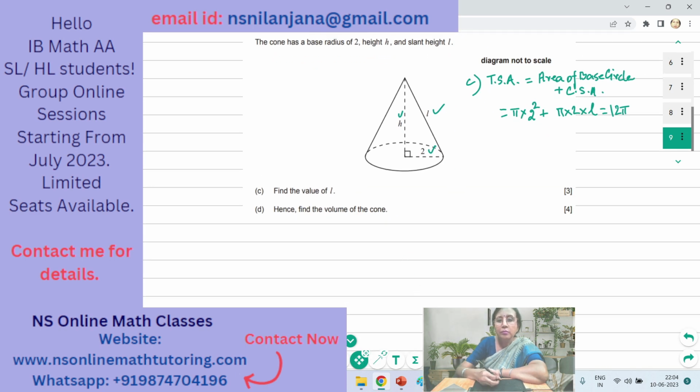So this is given. Therefore, 4 pi plus 2 pi L is equal to 12 pi, or 2 pi L is equal to 12 pi minus 4 pi, that is 8 pi.